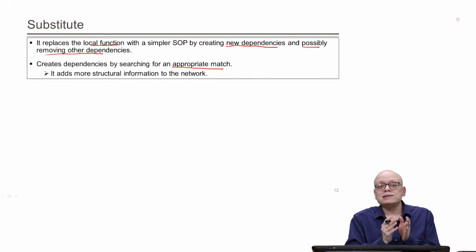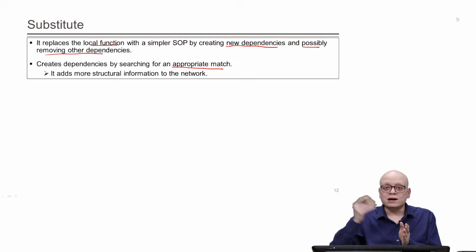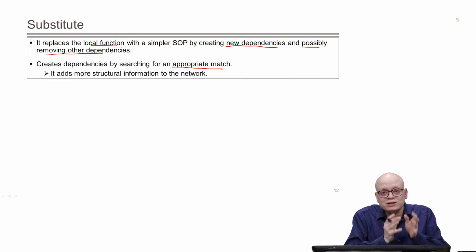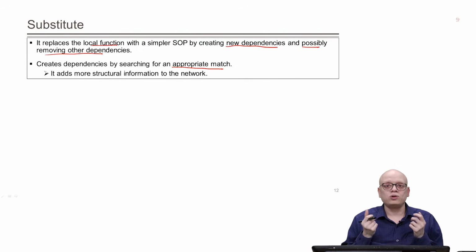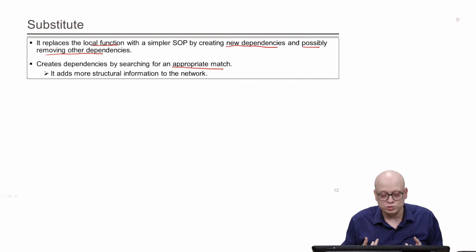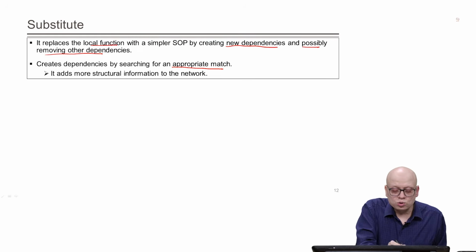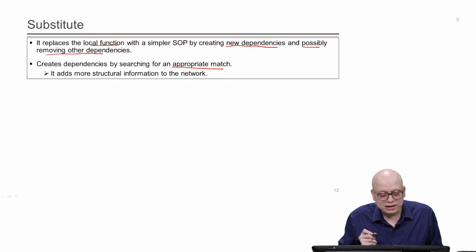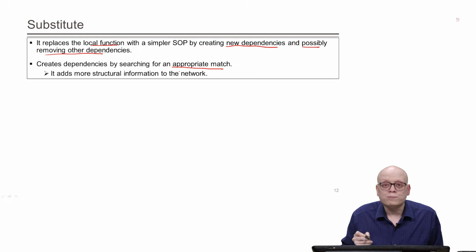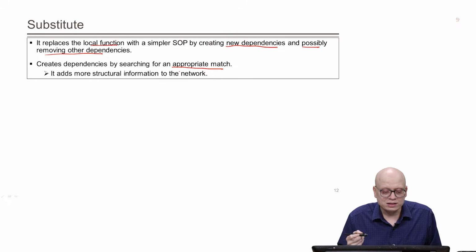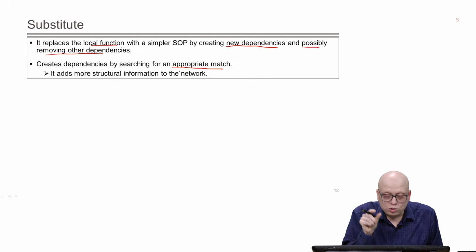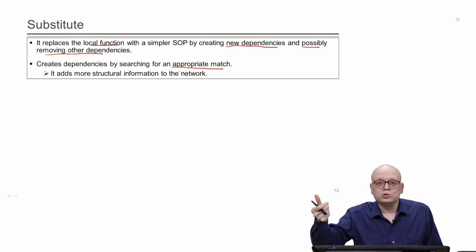Now if we want to replace an SOP in another SOP, then we first have to see whether this SOP is contained in that SOP or not. Then only we can do a substitution. So it creates dependency by searching for an appropriate match, whether a given local function is contained in some other local function.